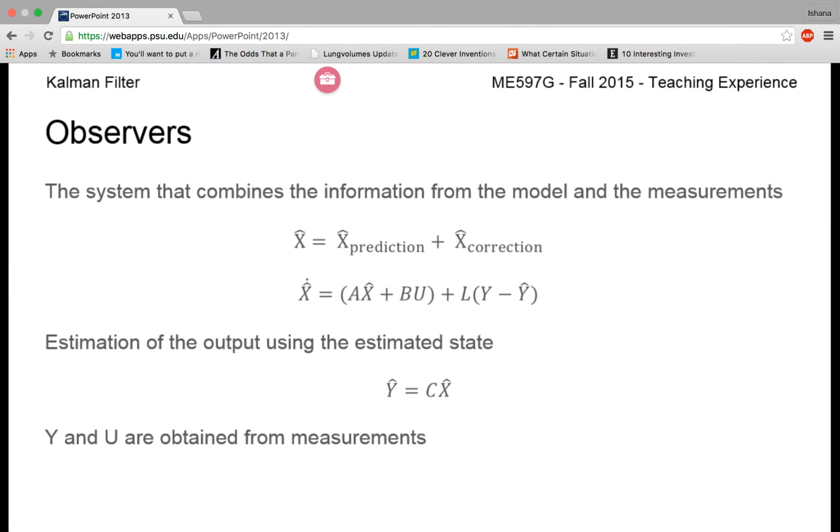And as you can see in this equation for the rate of change of the state estimate, it's got two terms basically, which is the predicted term. This is the information we're getting from the model, and the correction term, which is the information we're getting from the measurements. And in this equation, we are not estimating the input and the output since we're directly getting them from the measurements.